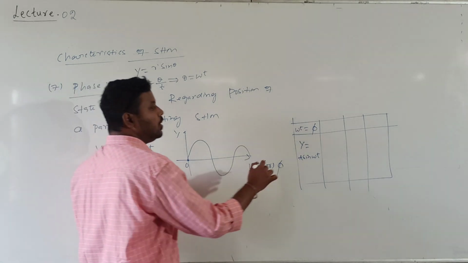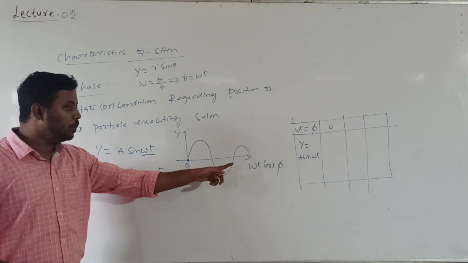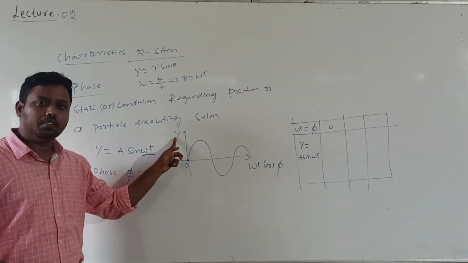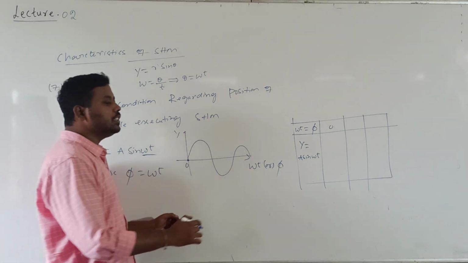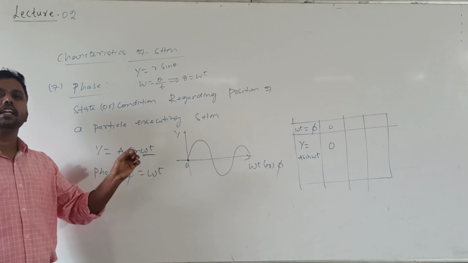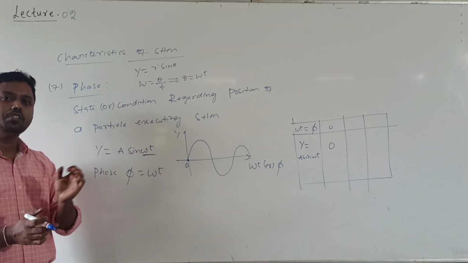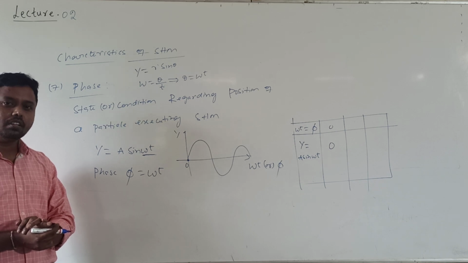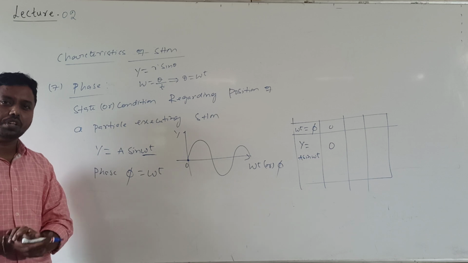Initially omega t value is 0. Whenever omega t is 0, what happens to the y value? 0, because sin 0 is 0. So the displacement is 0. Whenever the phase of the particle is 0, the particle is at the mean position. How do you know it is the mean position? Because the displacement is 0.